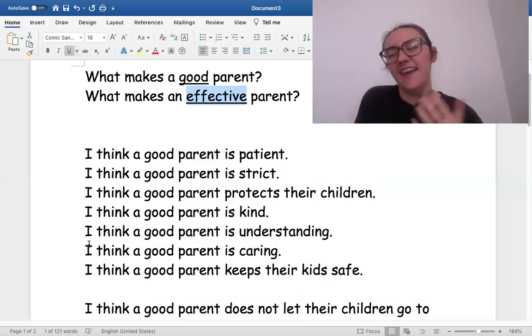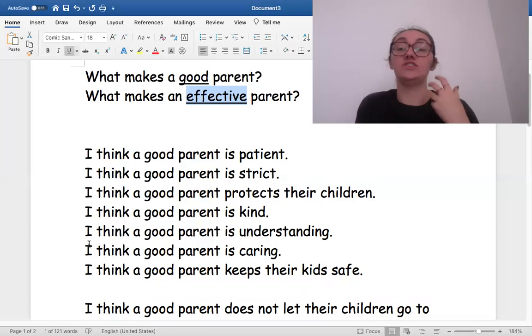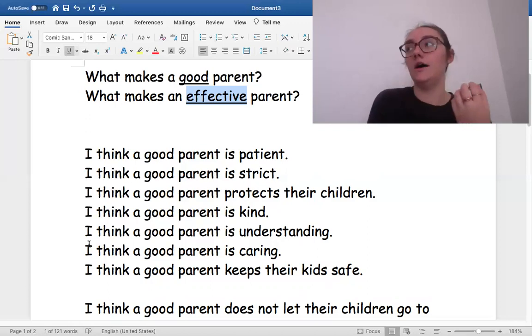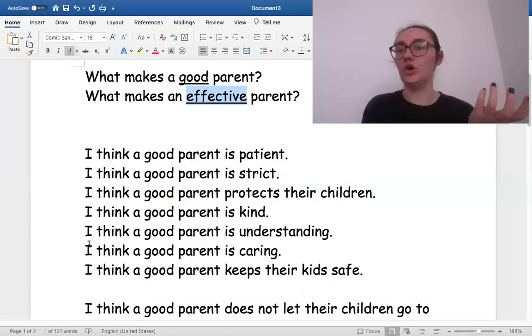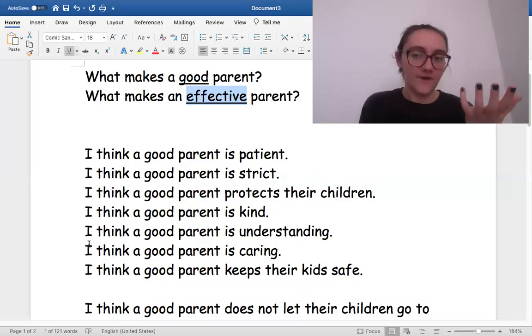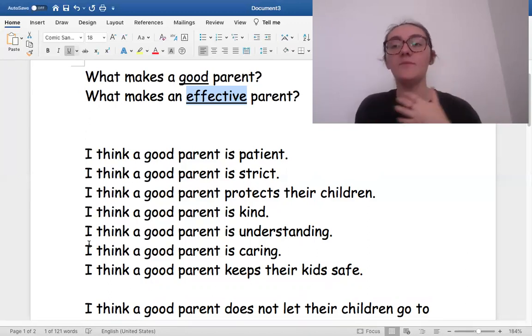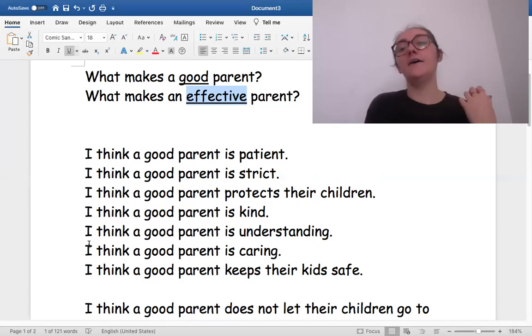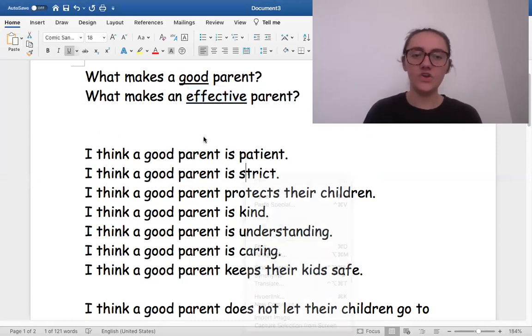So you could say it's a quality, right? It's a way that describes, like good food, good friends. Effective is another describer. It describes somebody or something, right? Effective parent, effective leader, effective supervisor. So those are some of the things that you can do.